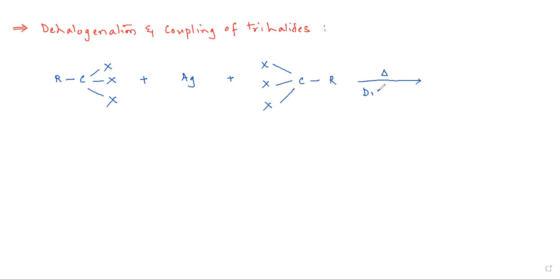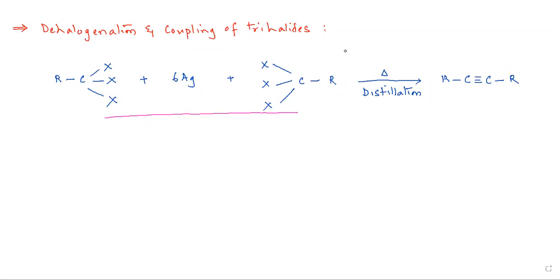On distillation, we have 6 halogens, so let me take 6 silver atoms. Now all 6 silver halides are removed, giving R, C triple bond, CR.